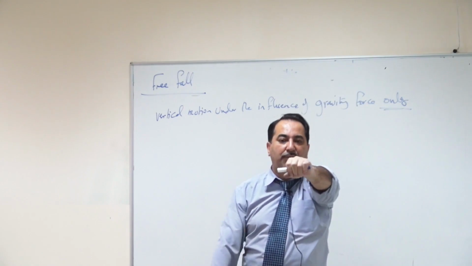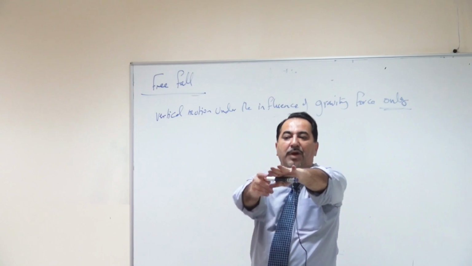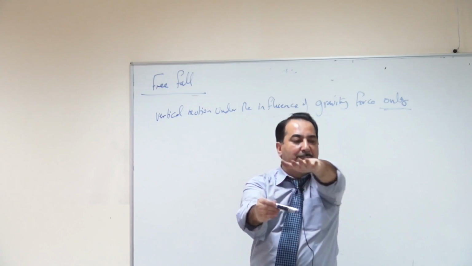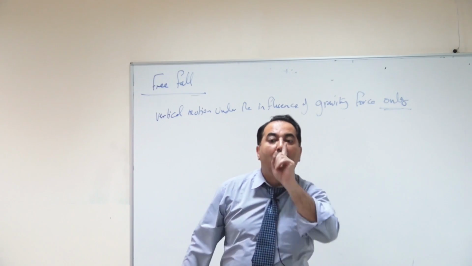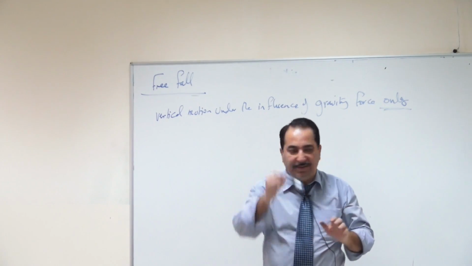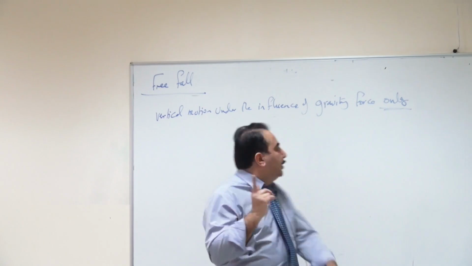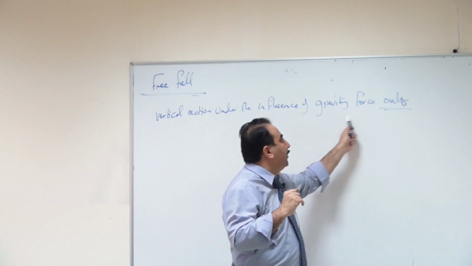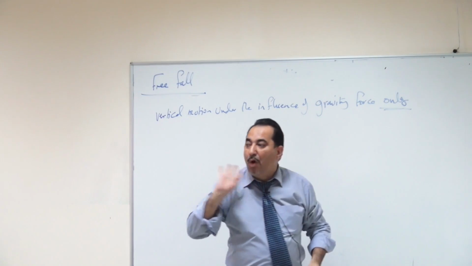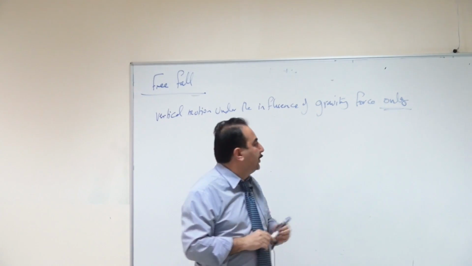Where does the free fall start? When I open my hand. The pen is under the influence of which force? Only the force of gravity. That's why we said free fall is the vertical motion under the influence of gravity force only, no other forces.